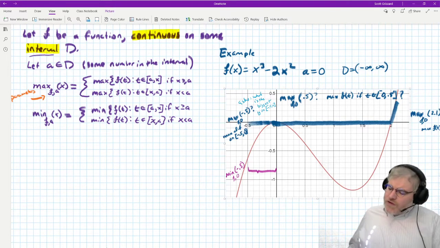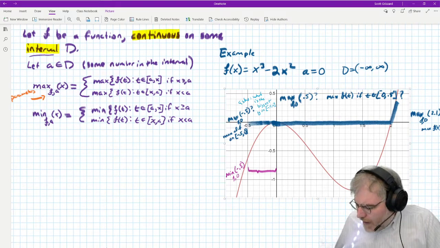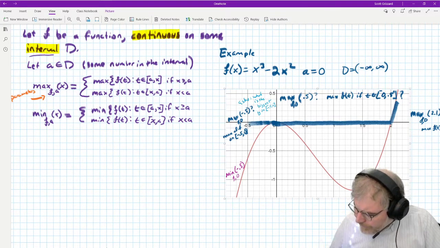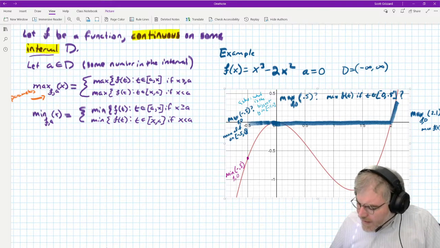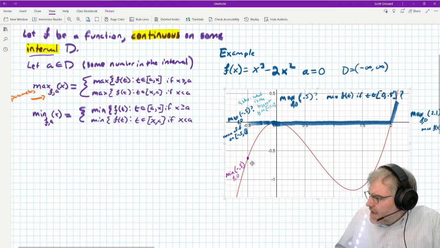So the smallest is like negative 6.5 or whatever, right? But that's the output of this function. It's that point right there. It's not this point, it's not this y value. It's that y value there.